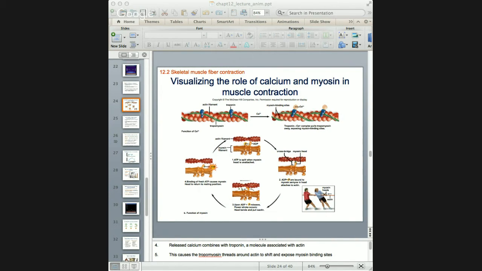It's an aerobic process, meaning oxygen is required to make that ATP. And this is showing you the different pathways we talked about: the creatine phosphate pathway, the cellular respiration pathway, and the fermentation pathway for producing ATP.